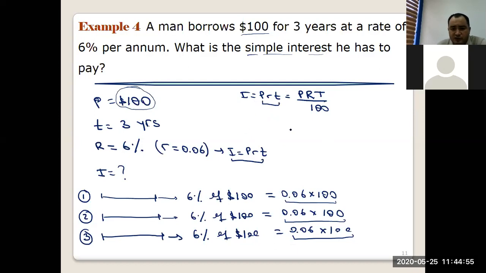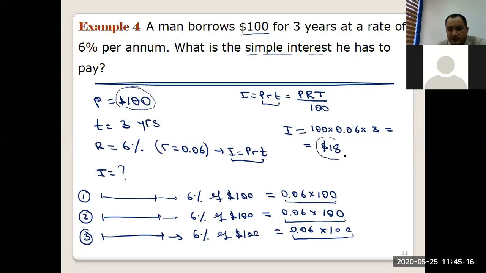So to answer this question, interest is equal to: what is the principal? It is 100 times the rate in decimal, 0.06, for 3 years, which is equal to $18.